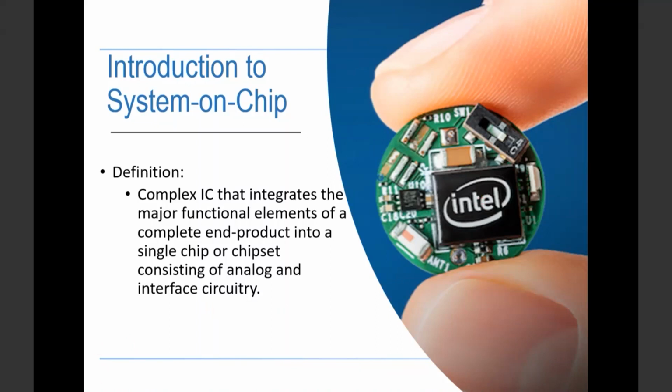Inside this chip, you may have what we call an audio receiver, which is used to receive the sound, and then you have the ADC, analog to digital converter, which converts the analog signal that you receive from the audio receiver to digital.